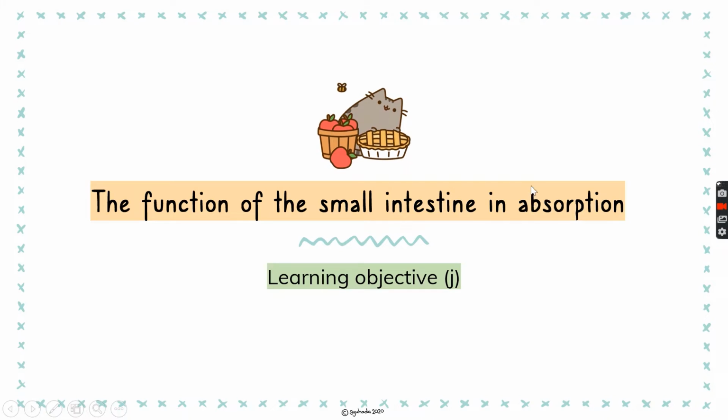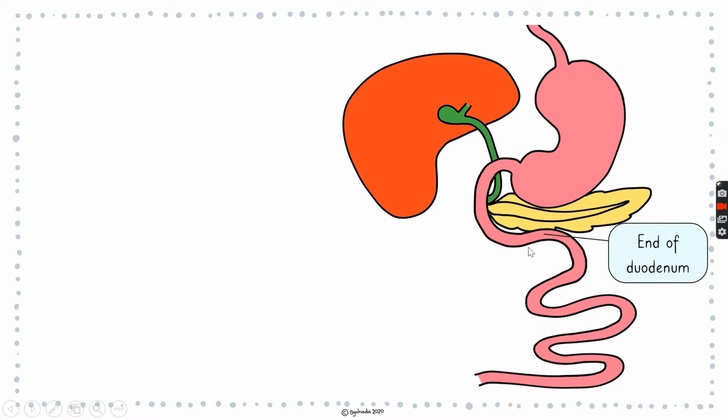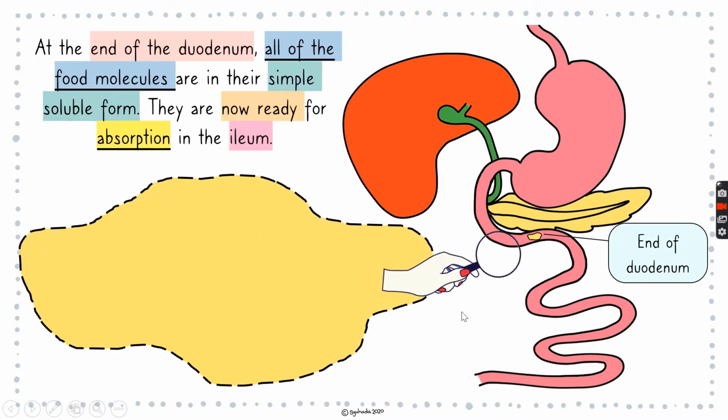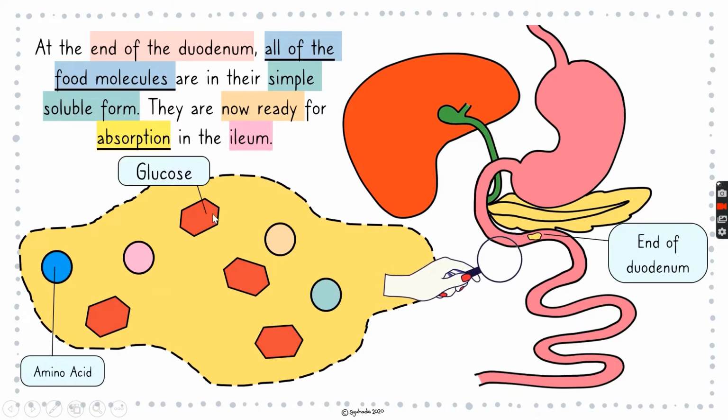Now, after digestion is fully completed in the duodenum, the small intestine, which is the ileum part, is going to carry out absorption. So over here is your end of duodenum, and the chyme here has actually very, very small molecules.